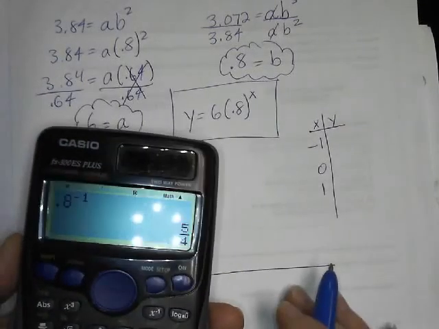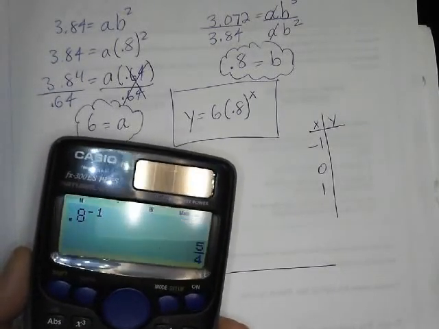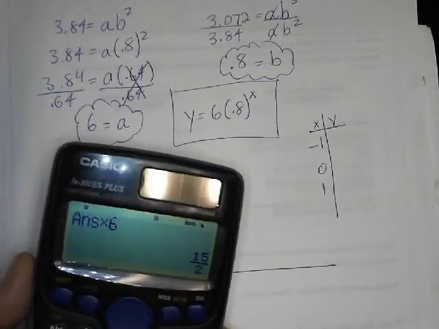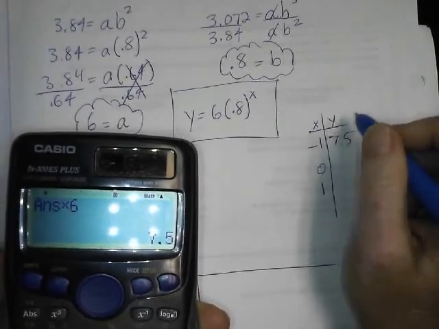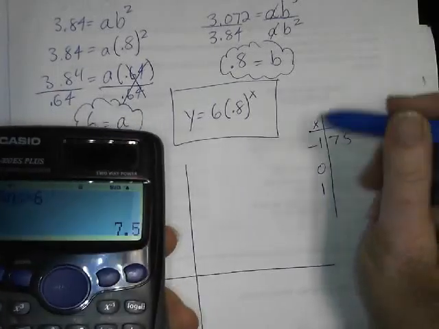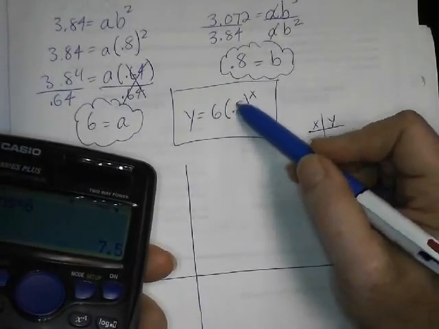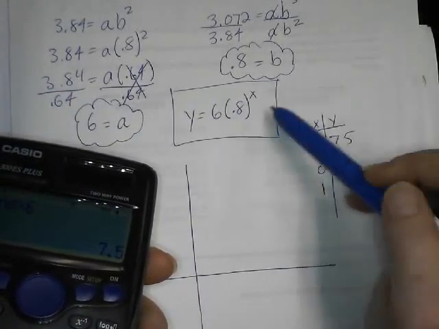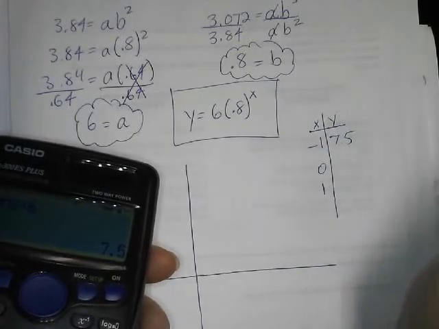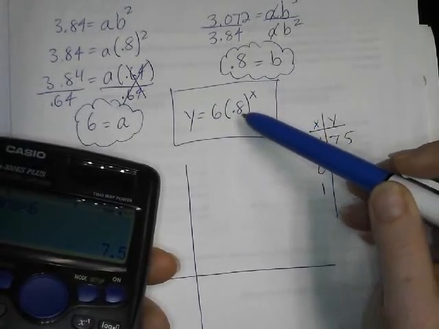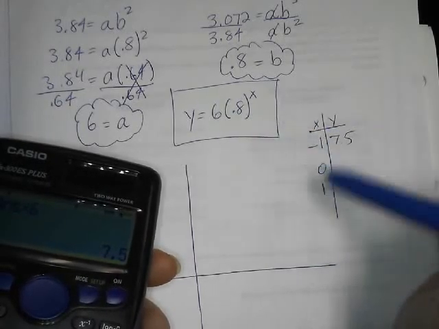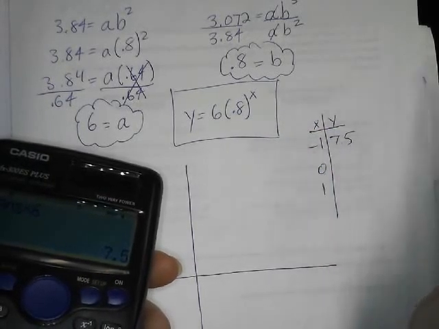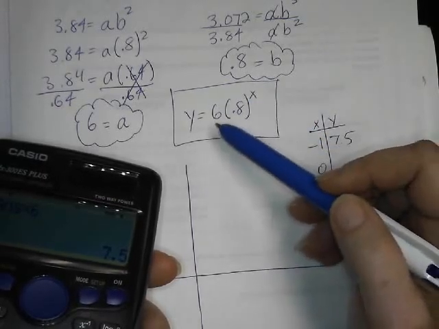Trying to do it in my head. 7.5? I was close. Yeah, you actually were very close. So if I would have had this in fraction form, it would have been a little bit easier, and I would have been able to do it without the calculator, because that's really 8/10, which is 4/5. The -1 makes it turn upside down. It makes it become a reciprocal, and then I could have multiplied that by 6.